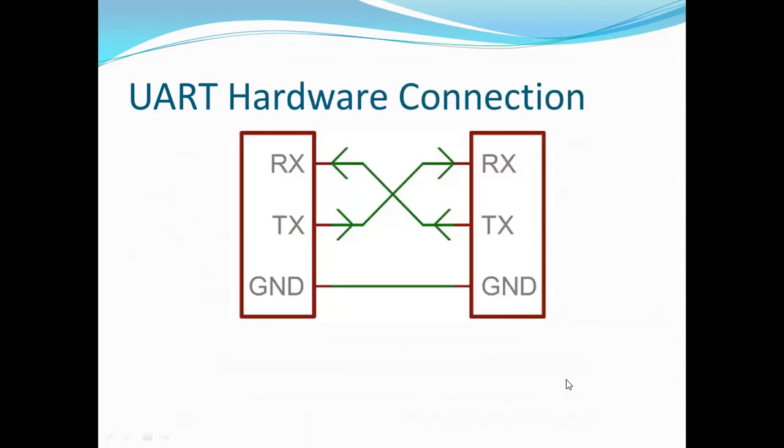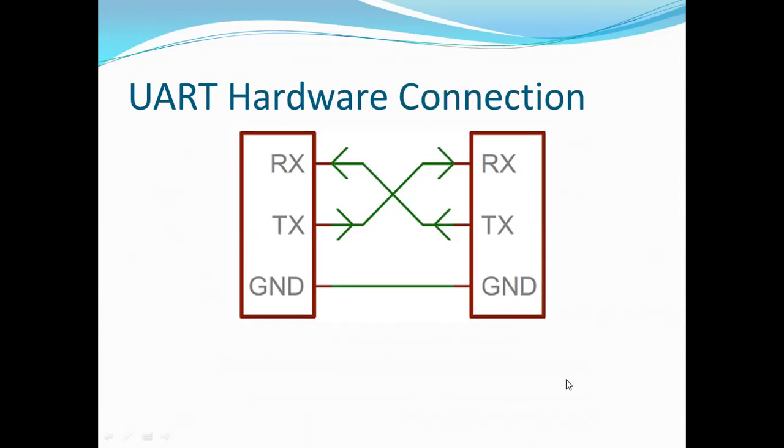UART hardware connection: how the hardware connection is done here. Transmitter and receiver. One device's transmitter is connected to the other device's receiver, and the other device's transmitter is connected to the first device's receiver.